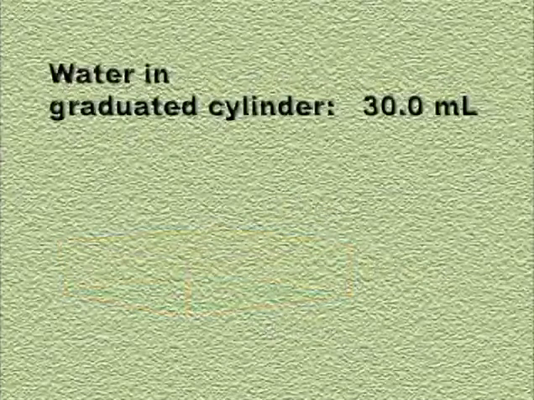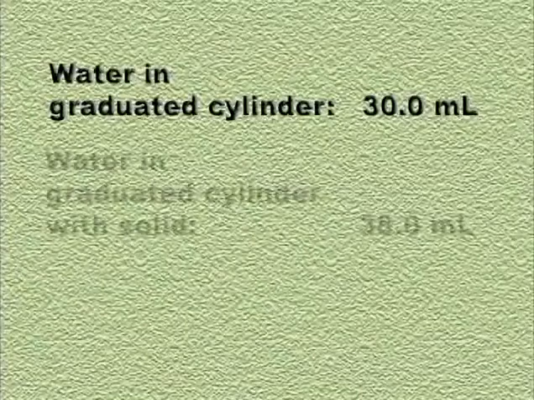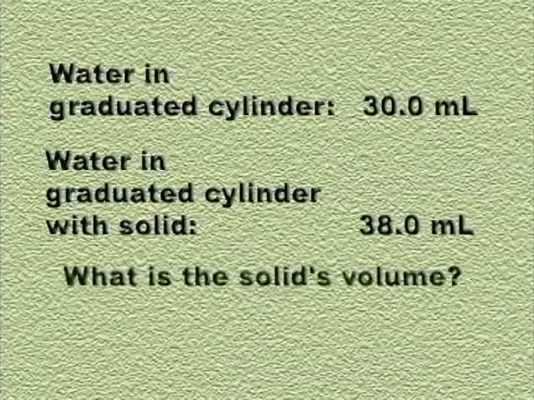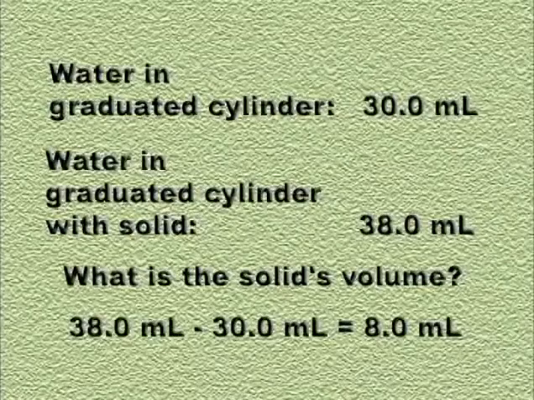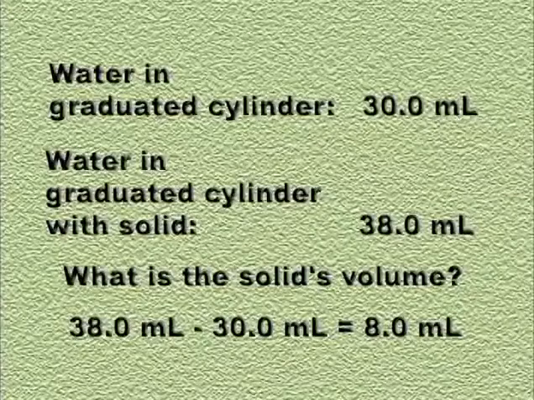Now suppose you drop this same solid into a graduated cylinder that has 30.0 milliliters of water in it. The water in the graduated cylinder rises to 38.0 milliliters. What is the volume of the object? Well, 38.0 milliliters minus 30.0 milliliters gives us a volume of 8.0 milliliters.